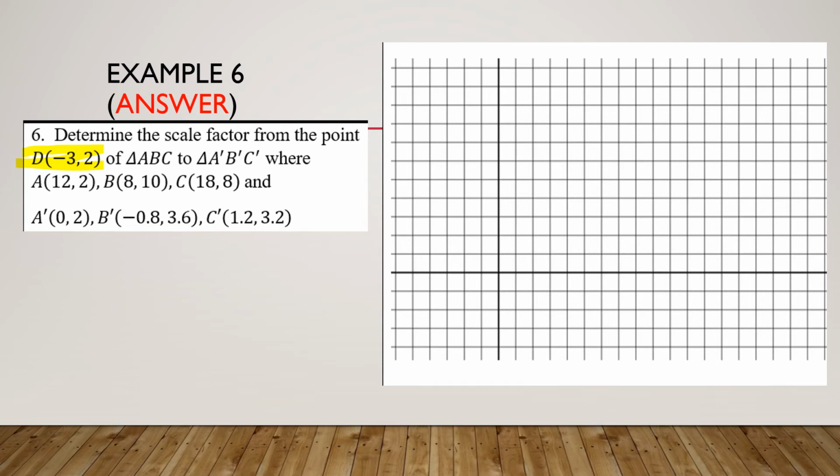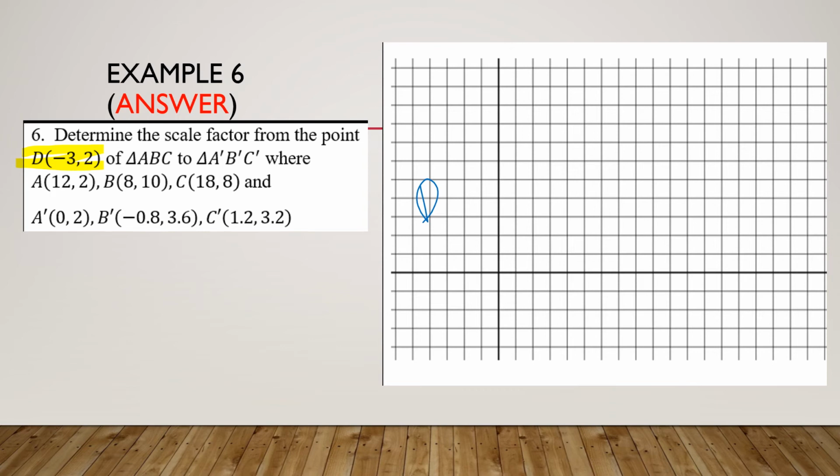So to the left 3, up 2. So that's D. When we go to find the scale factor, we only have to really look at one point to get that proportion.